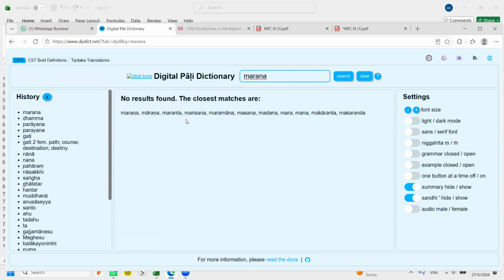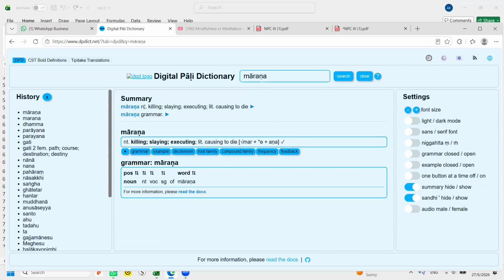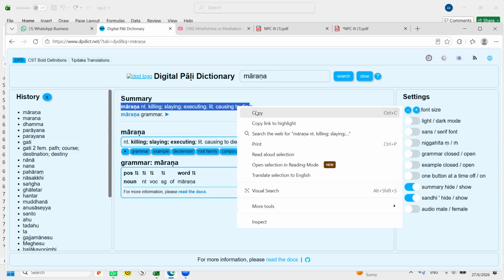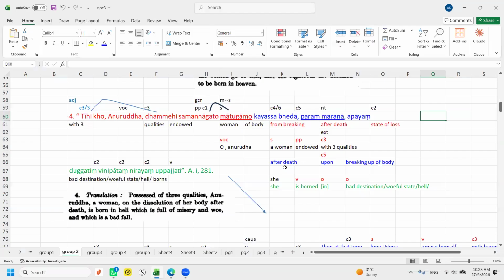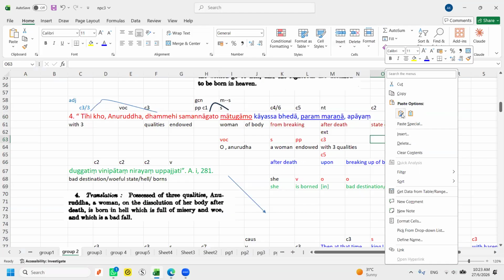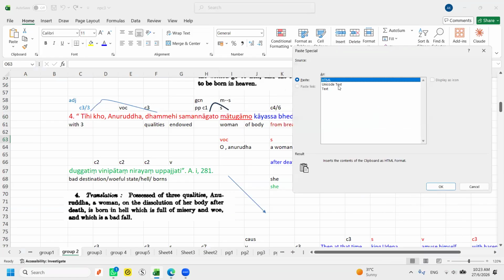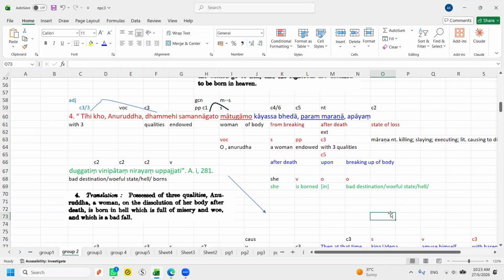Marana. Can you see here, neuter noun? Marana.